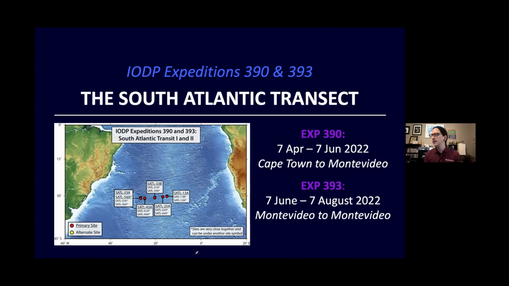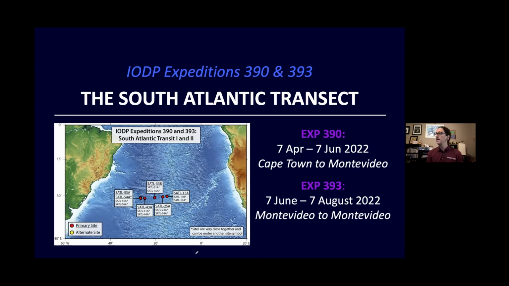So things have been delayed a little bit, and scientifically, I think we've actually gained from that delay and have been able to do some engineering work up front. The JOIDES Resolution is actually sitting in South Africa at the moment, waiting to go on a second engineering expedition, which allows us to focus hopefully just on drilling and collecting great samples when we go out.